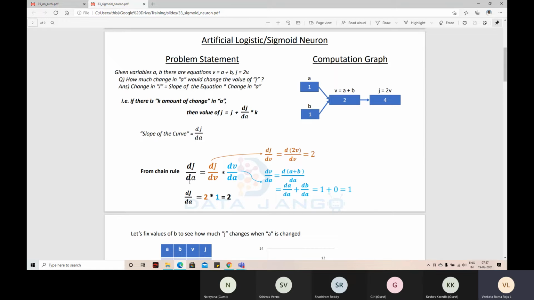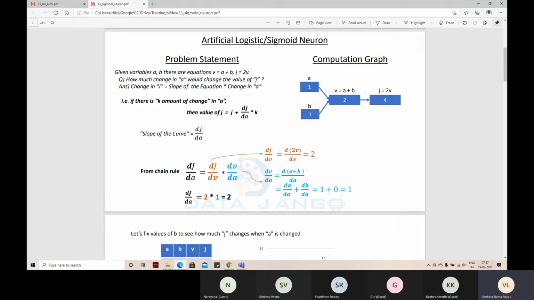So dj by dA is actually calculated by dv by dA. v is a function of a, and j is a function of v. So we can calculate the derivative of j with respect to v. So dv by dA into dj by dv is going to be dj by dA.